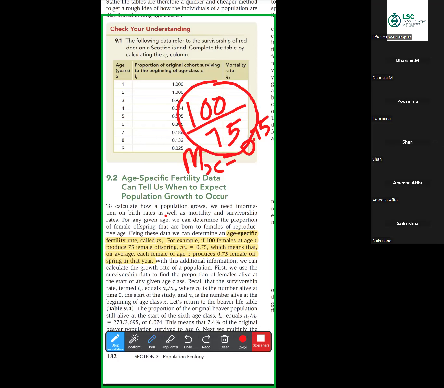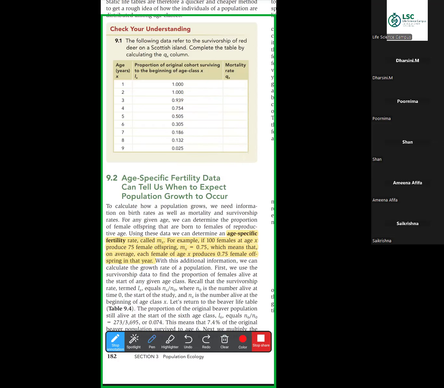If there were 100 females at age x and they produce 75 female offsprings, then mx is given by 75 by 100. That is the age-specific fertility rate. Is it clear? Yes, ma'am.